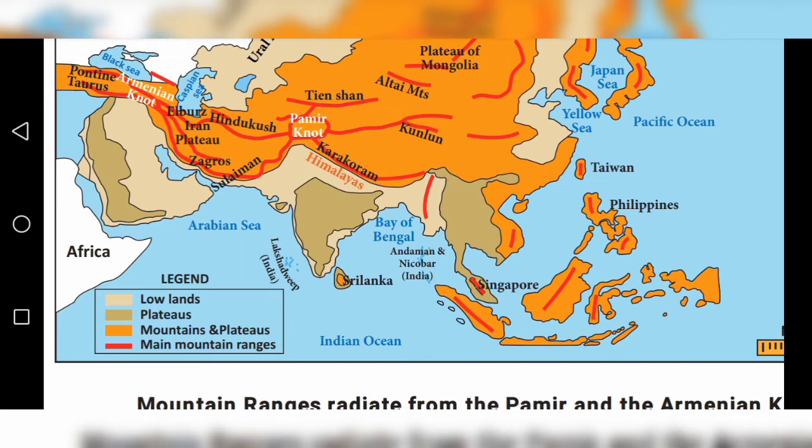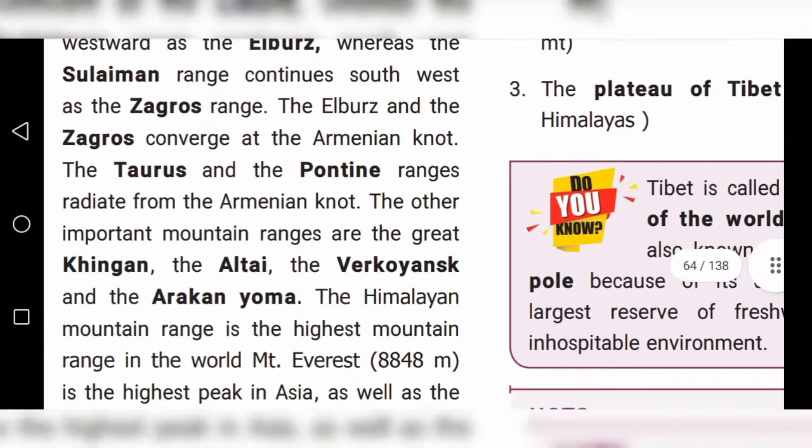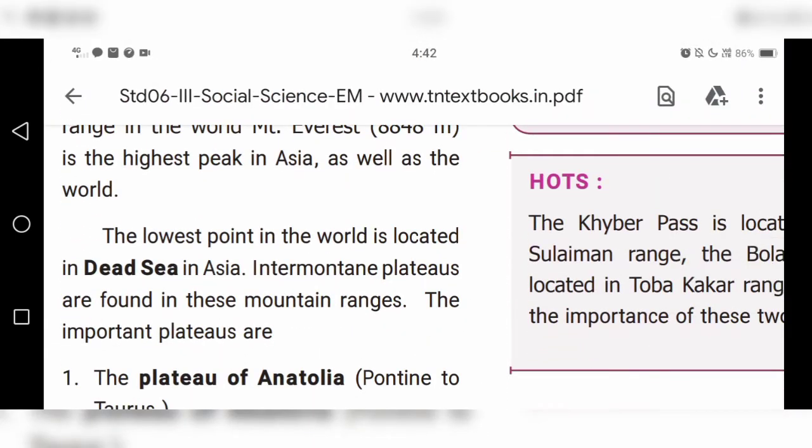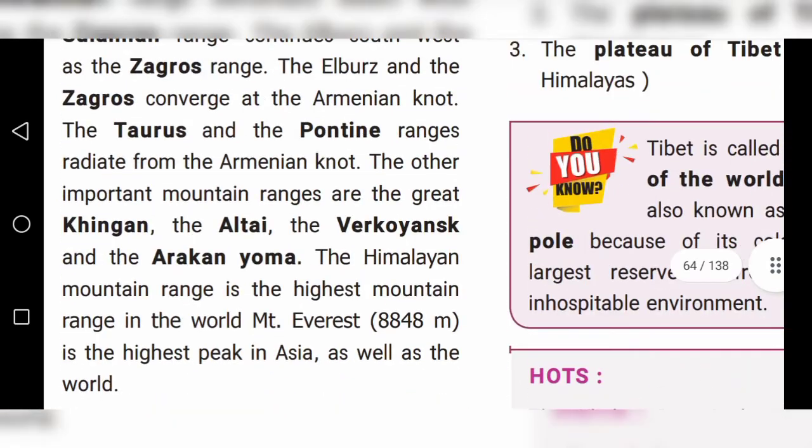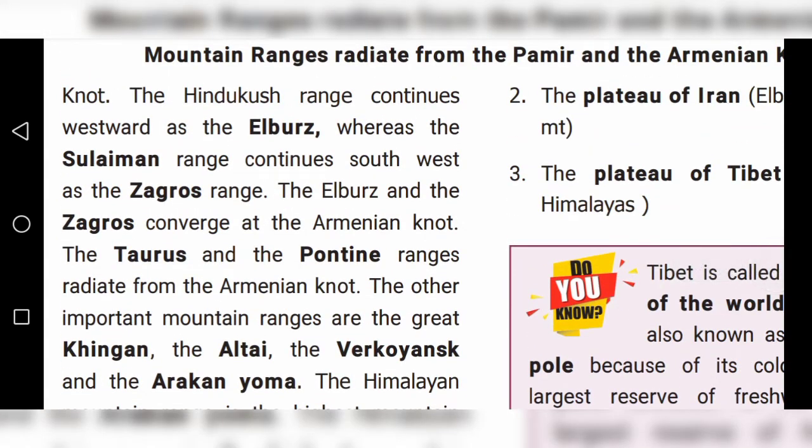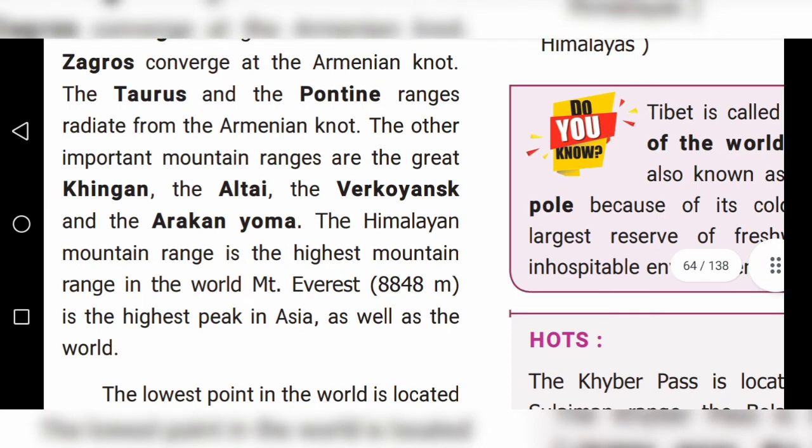Mount Everest, that is 8,848 meters, is the highest peak in Asia as well as in the world. So Mount Everest is the highest peak in the continent of Asia as well as in the world. Okay, children, next we are going to see the lowest. We know the highest places, and we are going to see the lowest point.